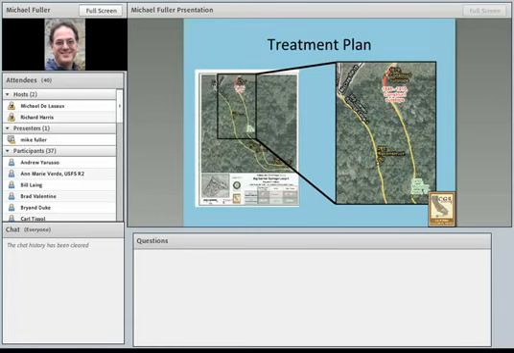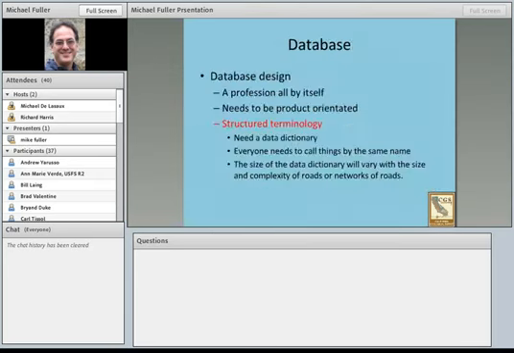In this illustration, the mapping colors, red, yellow, and green, indicate different levels of severity, and the labels are similarly color-coded, and they say reconstruct dip or construct outslope, and those are BMPs, which are fully described elsewhere.